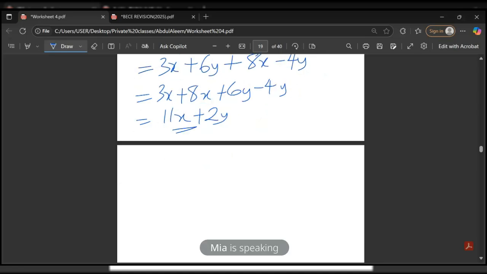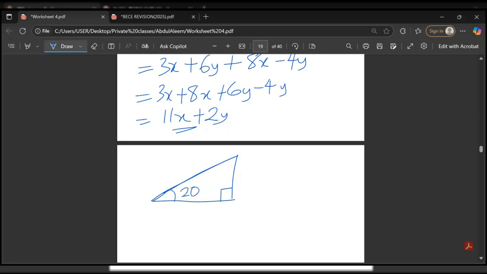We have a diagram here. This is what you have here. So the board is this line here. The hypotenuse is the board. This angle is 20 degrees.